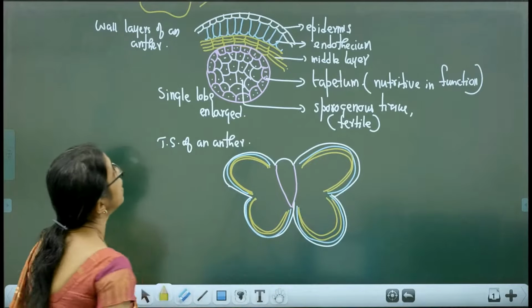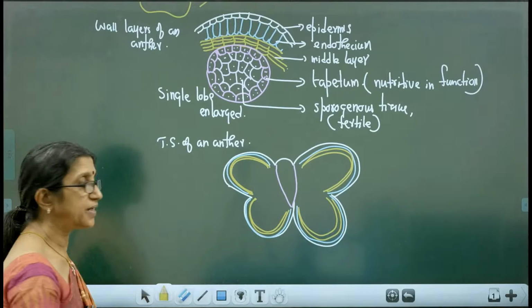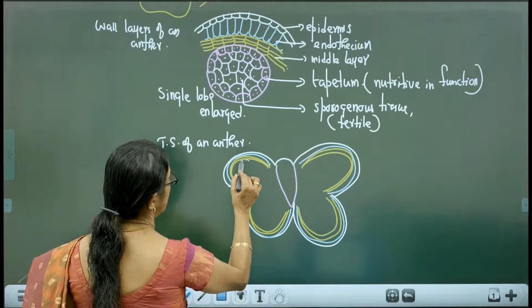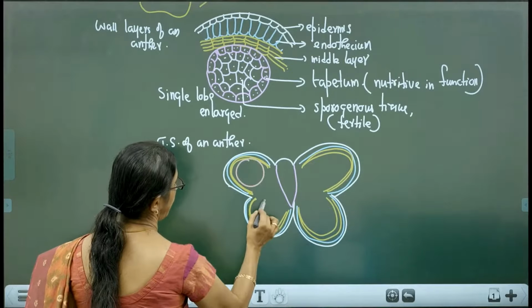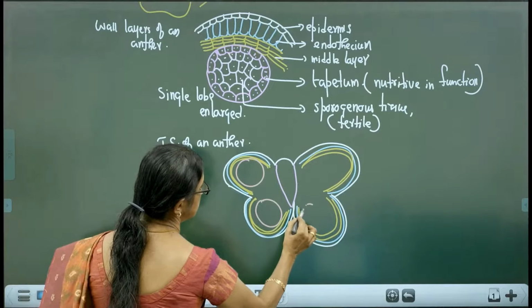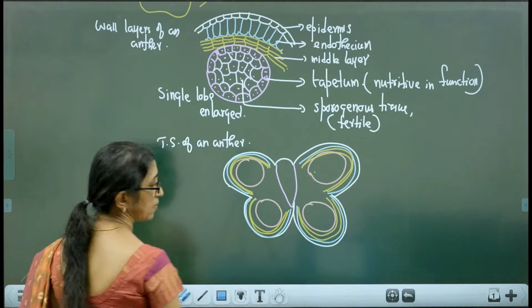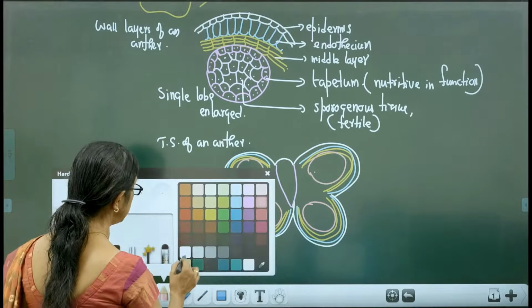Okay. Followed by the innermost layer, that is tapetum, like this, having sporogenous tissue.